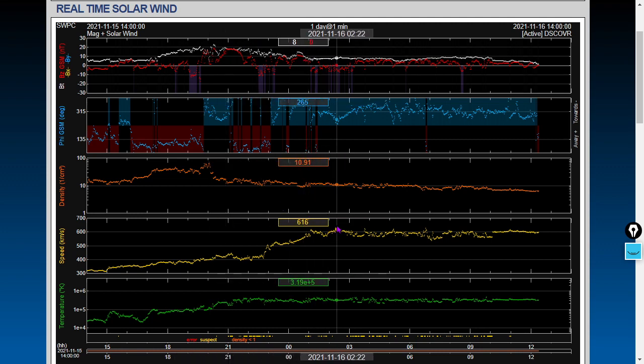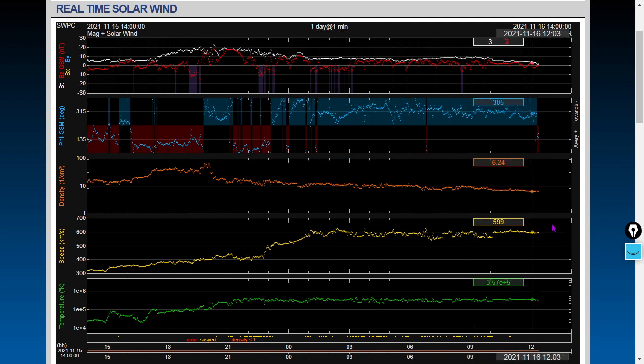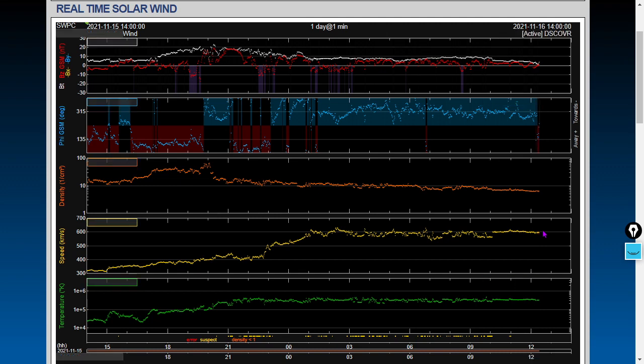Solar wind speed made it all the way up to over 600 kilometers per second. Current conditions are right around 600 kilometers per second. Density is 6.3 protons per cubic centimeter, as the high-speed coronal hole wind stream continues.